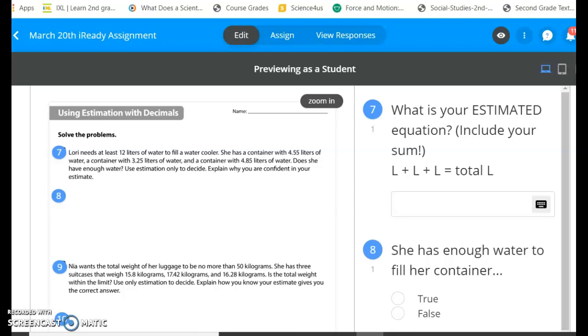She has a container with 4 and 55 hundredths of a liter of water, a container with 3 and 25 hundredths liters of water, and a container with 4 and 85 hundredths liters of water. Does she have enough water? Just use your estimation to decide.